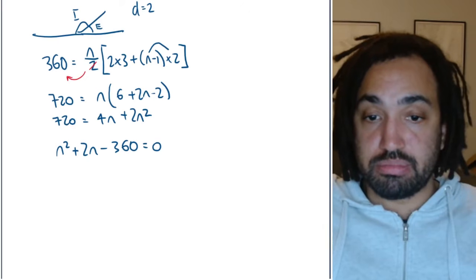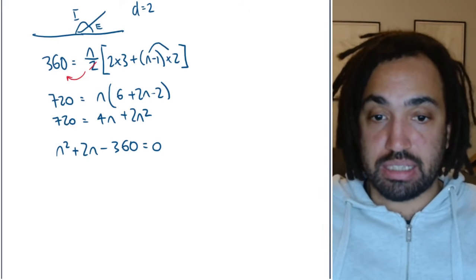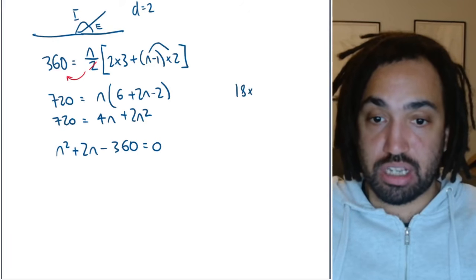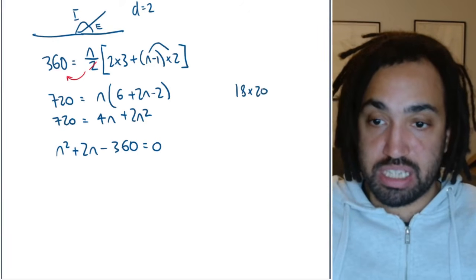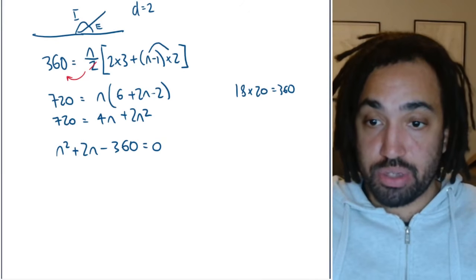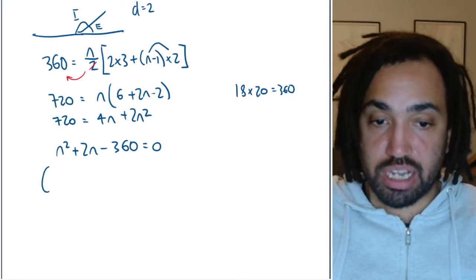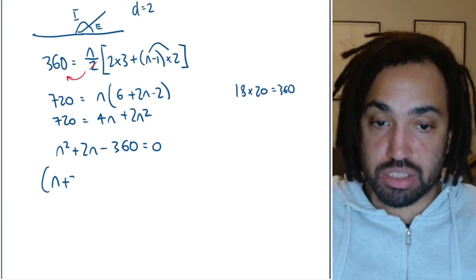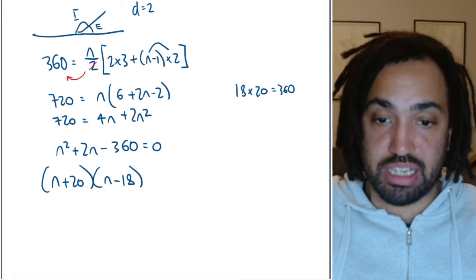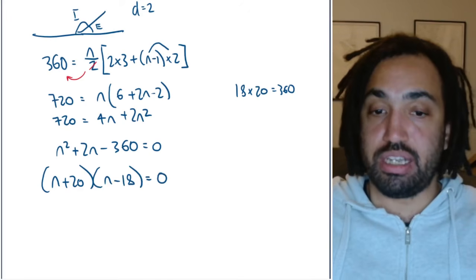Okay, that's great, and I think we can actually factorise this because I know that 18 times by 20 equals 360, which have a gap of 2. So I can say that n plus 20 and n minus 18 is going to factorise this nice and neatly.